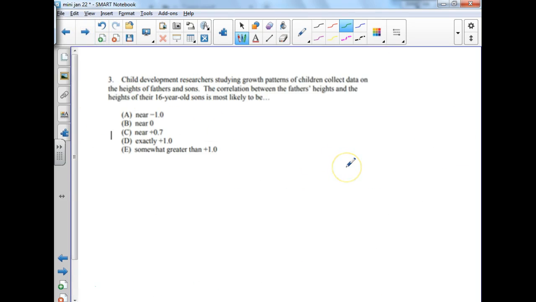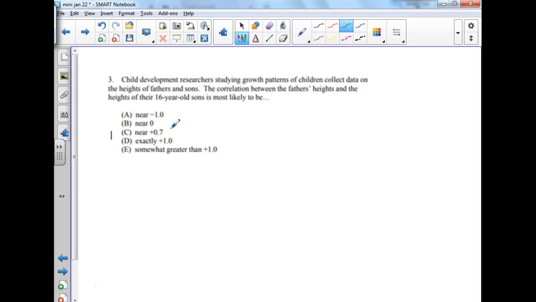So let's look at the remaining two problems. It says child development researchers studying growth patterns of children collect data on the heights of fathers and sons. The correlation between fathers' heights and the heights of their 16-year-old sons is likely to be... Now, this is where you're going to have to use your critical thinking skills. We're talking about correlation. It says near -1.